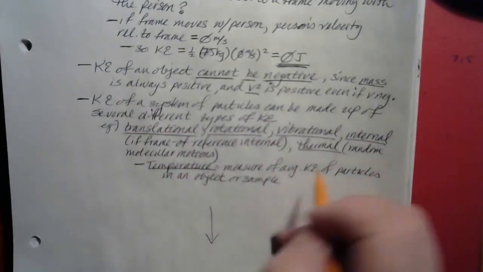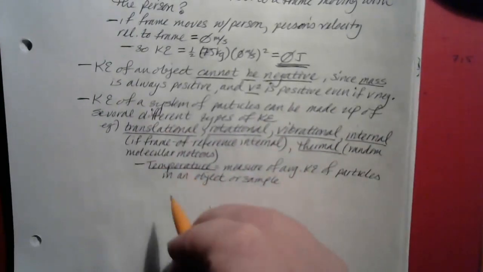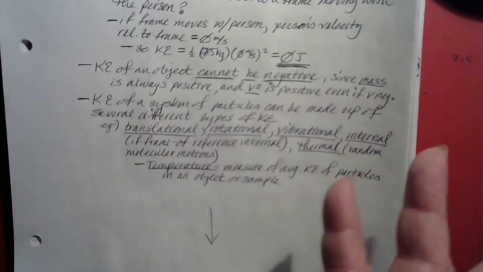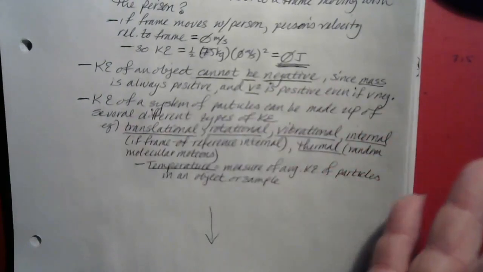Thermal kinetic energy takes the form of random molecular motions. The fact that, say in a gas, the individual particles that make up the gas are zipping all over the place in random directions at high rates of speed until they hit something, and then they bounce off and zip in another direction at a high rate of speed. That's because of heat or thermal energy that gets the particles moving.